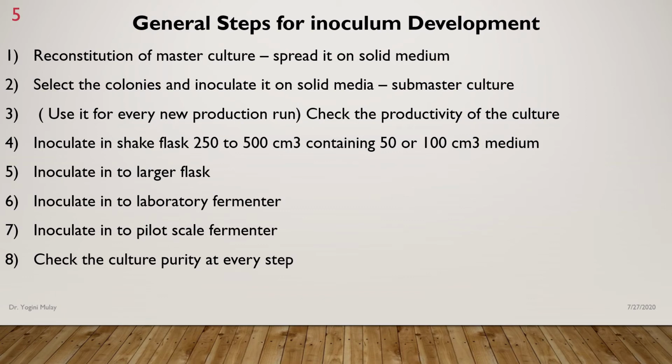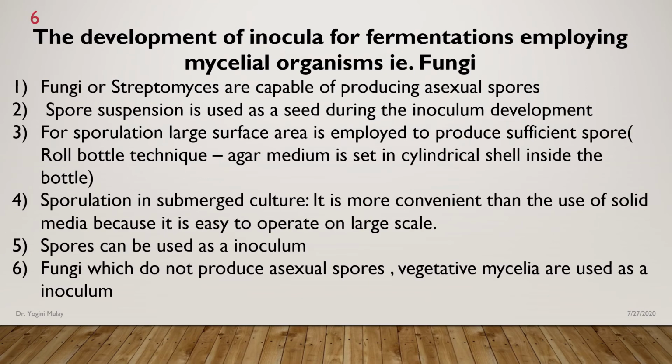Again you incubate this flask and use this biomass to inoculate into a laboratory fermenter, incubate it, and then after incubation, whatever the biomass which is cultivated in the laboratory fermenter, use that biomass to inoculate into a pilot scale fermenter, and this is how the inoculum is developed in a stepwise manner. What is important in all this process is you have to check the culture purity at every step.